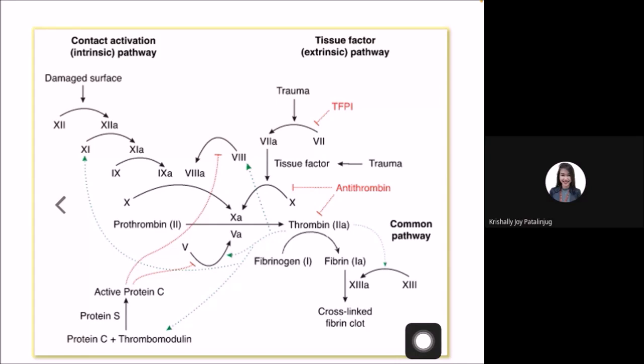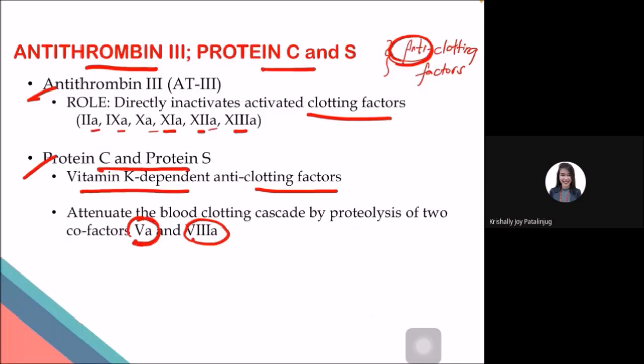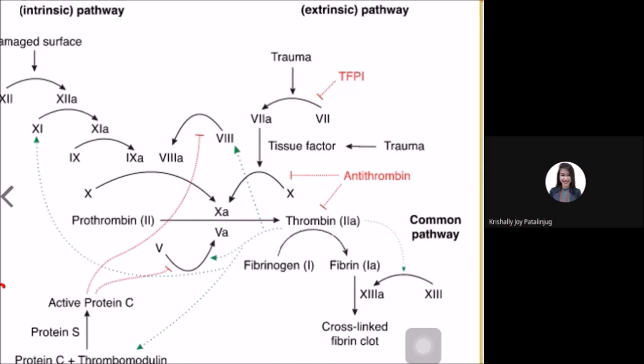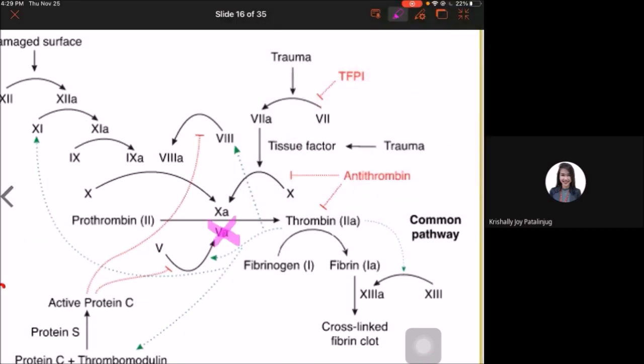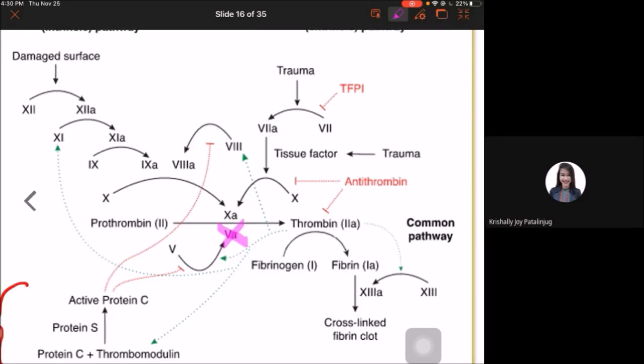Okay, balik tayo sa figure para ma-analyze natin yung activity ng protein C and protein S. For instance, kapag you have protein C and S, inactivate nila yung 5A. So hanapin natin si 5A. Ayan, inactivate si 5A. And also si 8A. O ayan, 8A is inactivated.